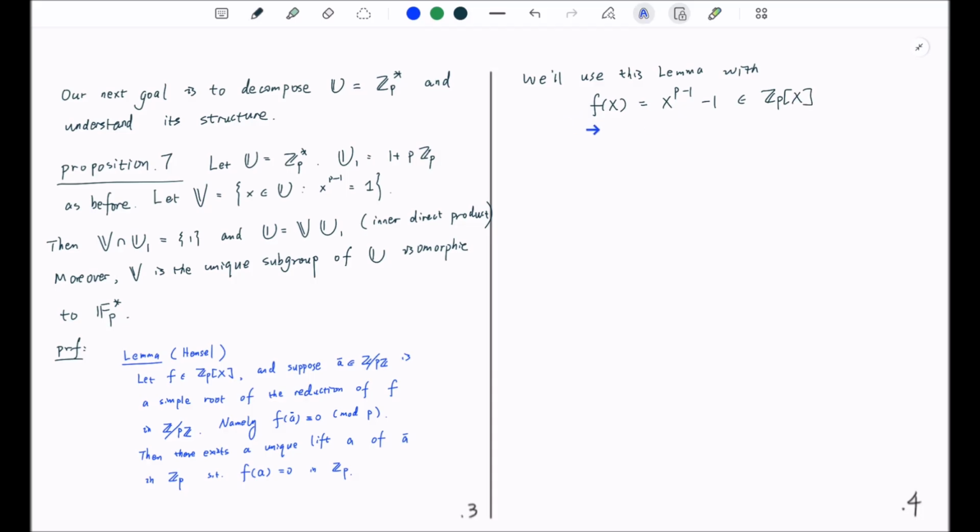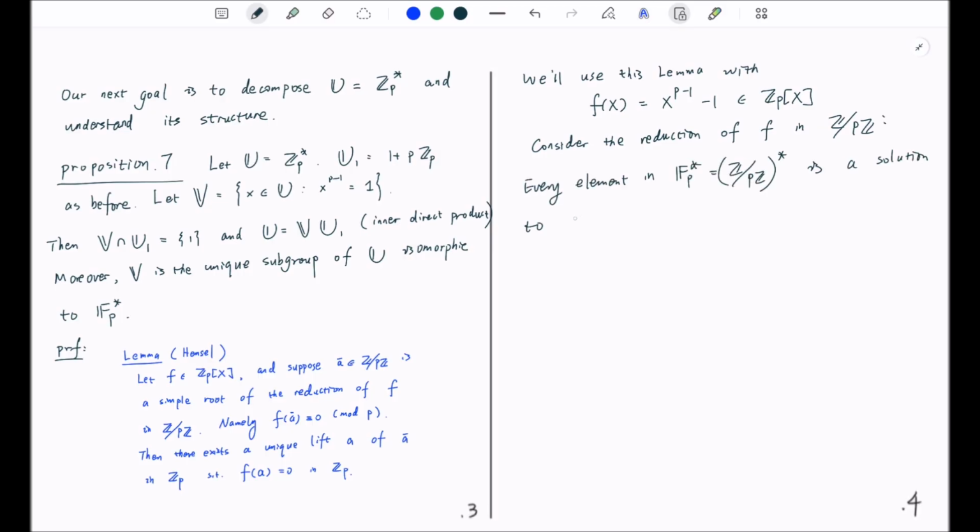First, let's look at the reduction of this polynomial in Z mod pZ. We observe that every non-zero element in Z mod pZ is a root of this polynomial, because every element has order dividing p minus 1 here. Moreover, every element here is also a simple root of this polynomial.